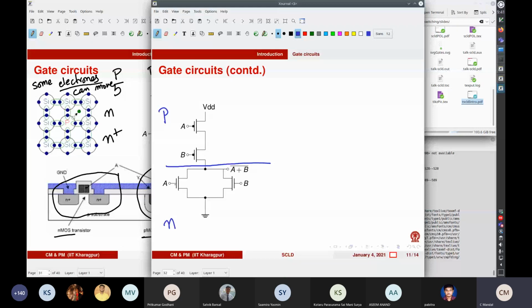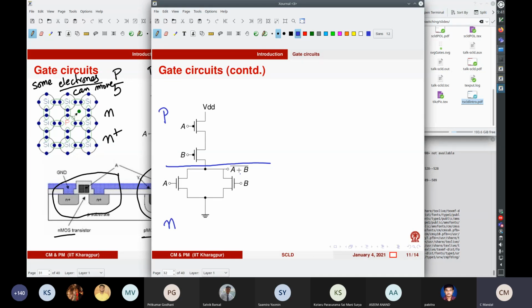So if A is high, as you have seen, then you have a conducting path to the ground, so this will go low. And if B is high, then again you have a conducting path, so this goes low. So in other words, the output goes low when either A or B become high.